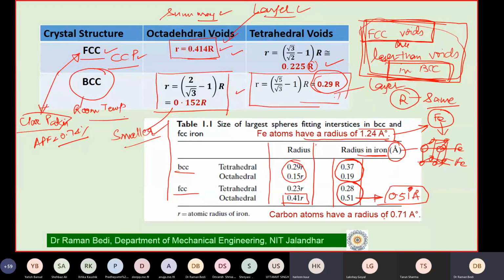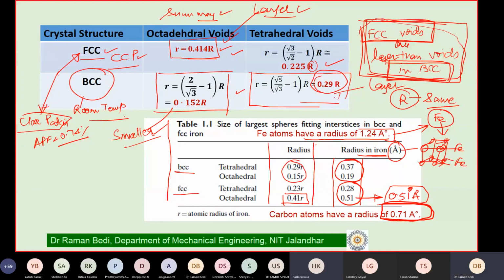Whereas carbon atoms, which we say fit into that, have an atomic radius of 0.71 angstrom. So they are larger, right? They are larger.